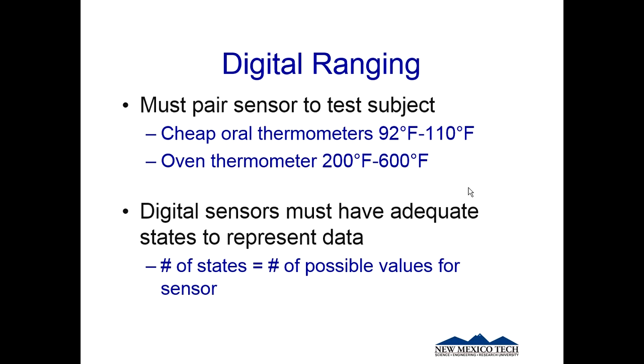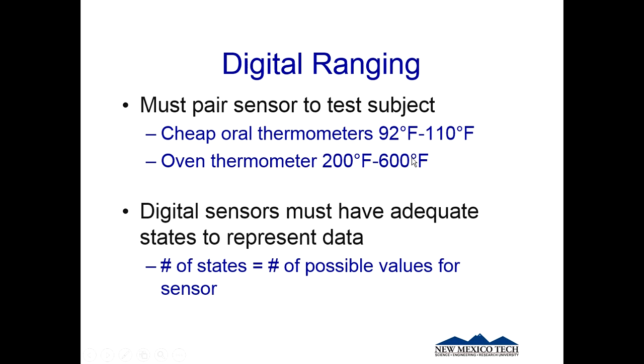One of the important things is when you buy a sensor of any sort, it's going to have some sort of range to which it can respond. And so you've got to pair your sensor to what you're testing. So if you buy one of these cheap little oral thermometers, if you're much cooler than 92 degrees or much above 110 degrees, you're pretty well dead.